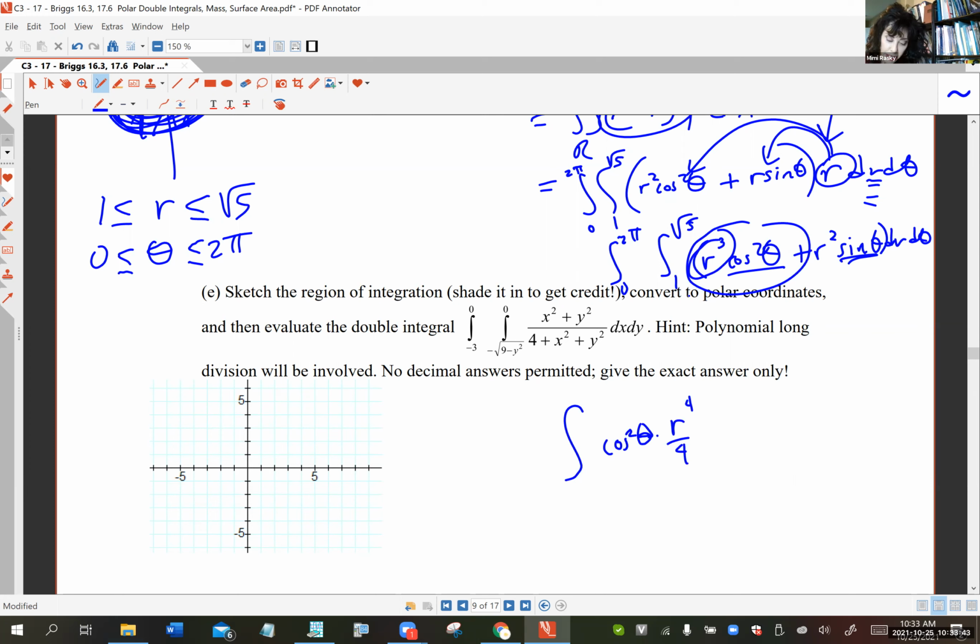You're going to evaluate that between the limits of 1 and square root of 5, but I'm going to just integrate the other term first. The sine theta is just a constant multiple, and the antiderivative of r squared is r cubed over 3. So we're going to evaluate this antiderivative between the limits of 1 and square root of 5.